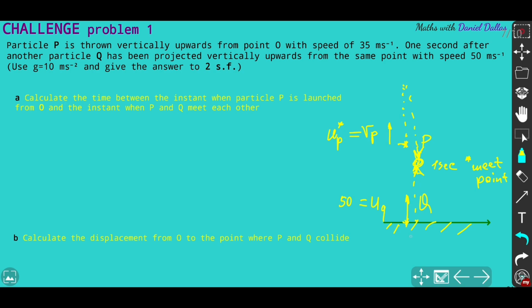All right, so first of all, let's calculate VP after 1 second. According to the formula, it's going to be your initial VP minus gt, where t is 1 second, so we just plug in the values. It's going to be 35 minus g, 10, times 1 second.